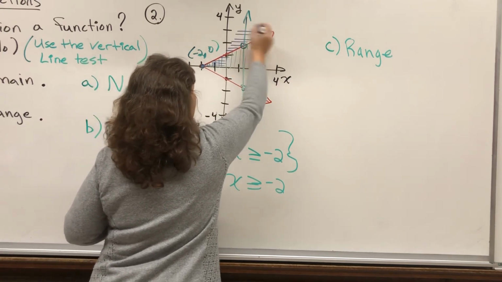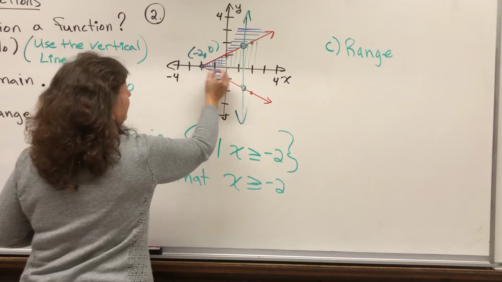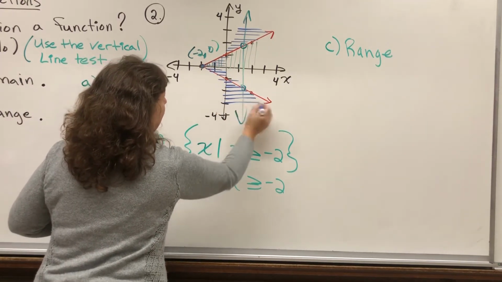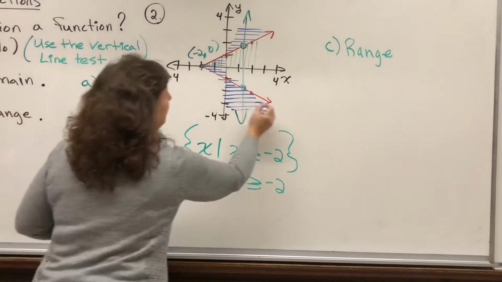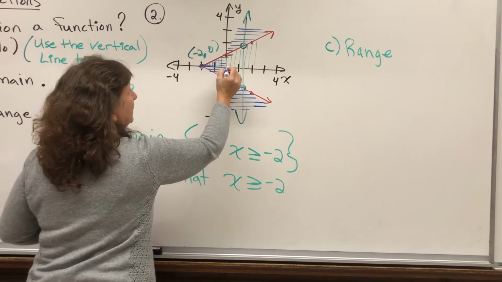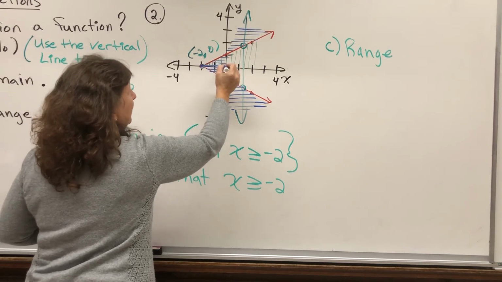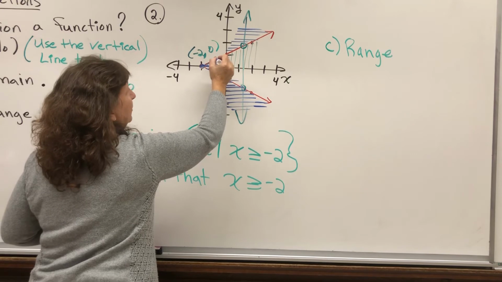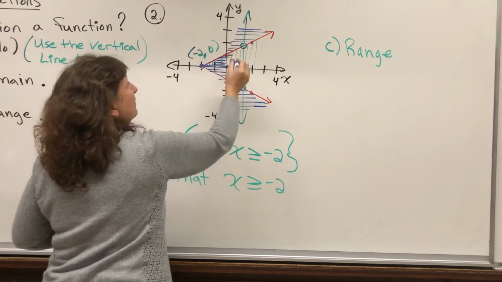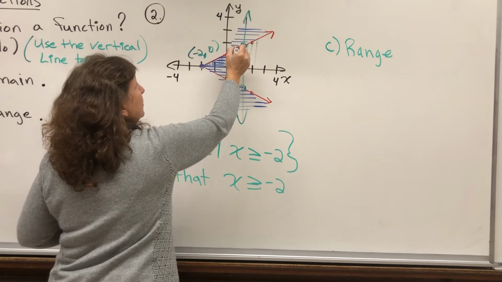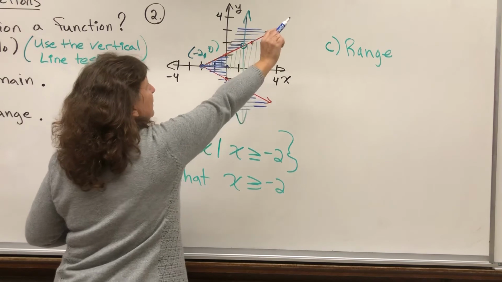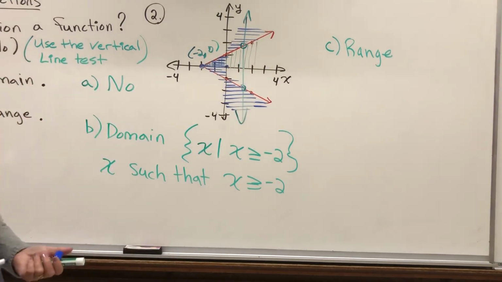When we're looking at the range, it's kind of a strange way of looking at it. But as I shade in the blue, this point is affiliated with the y-axis with 0. This is a little bit higher than 0, a little bit higher than that, a little bit higher than that. So all of these points have a y value, and if I go up here, this point has a y value, and it continues on forever and ever.